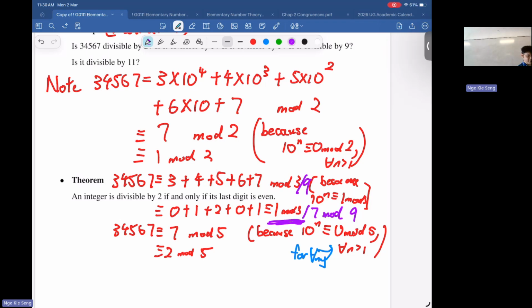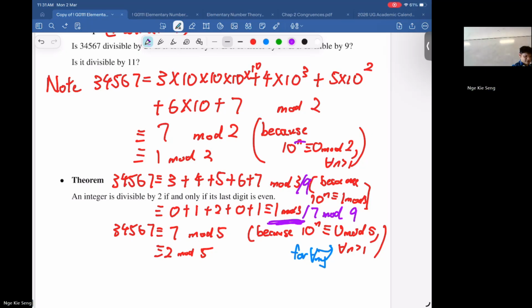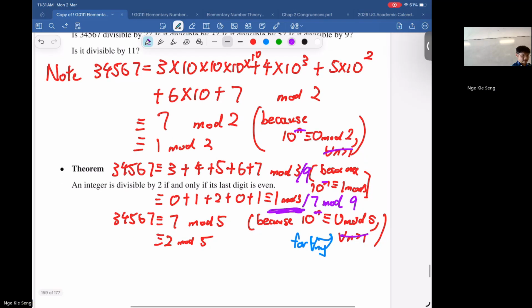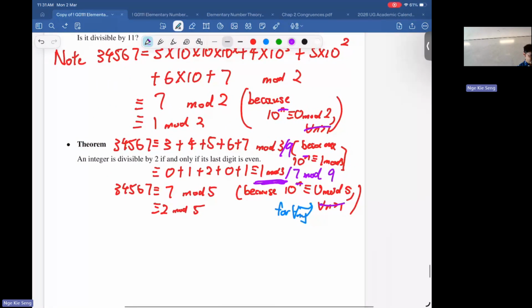Instead of figuring out the powers, we really just need to know what happens to 10, because 10 to the 4 is just multiplying 10 four times. Knowing what 10 mod n does is enough already. So for example, let's do the 11 one.